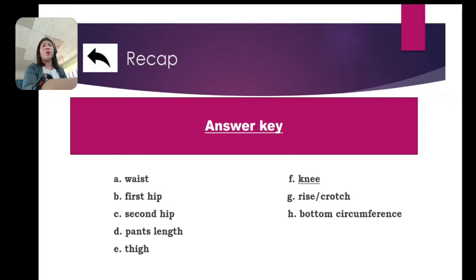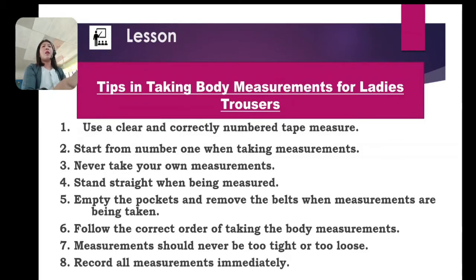So after knowing the different body parts to be measured in making our trouser, here are the tips in taking body measurement for ladies' trouser. And that is our lesson. We have 8 tips in taking body measurements for ladies' trouser.